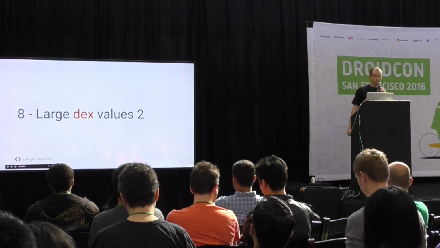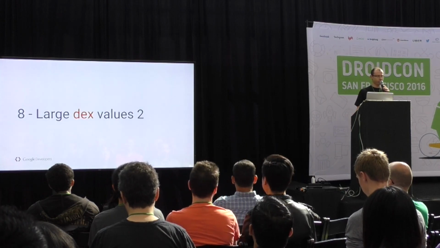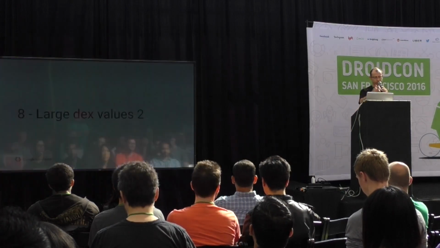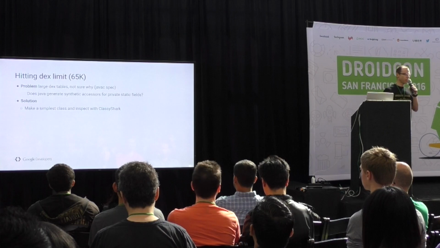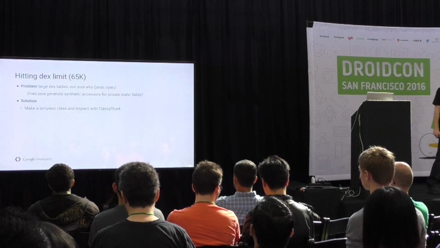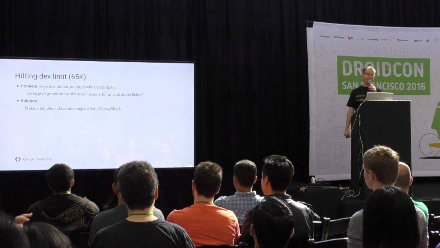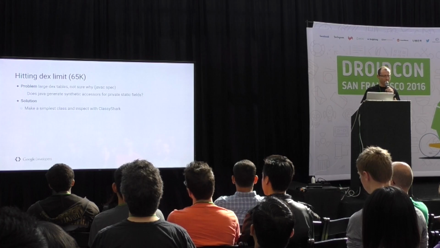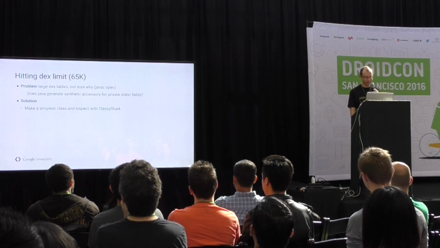Large DEX values too. And this is our most difficult subject. Sometimes we are not sure about various things in the Java spec. For instance, does Java generate a synthetic accessor for private static fields? If you are not a compiler junkie, you are going to fall asleep on the third word of this sentence.